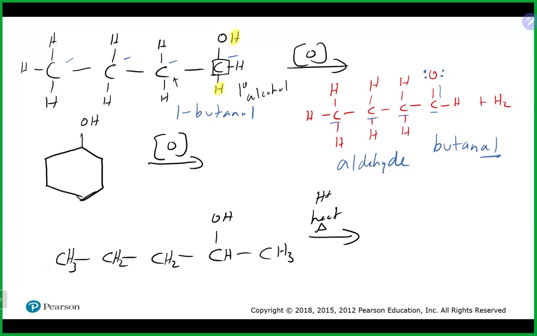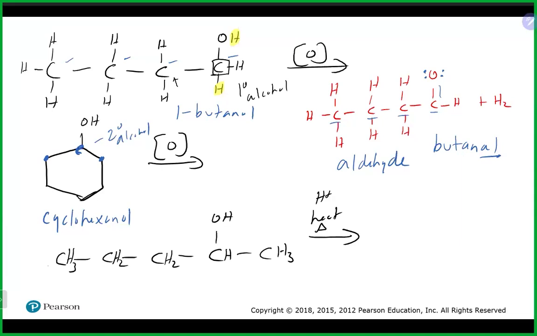This alcohol here, which is a cyclohexanol, right, as it is there. This is a secondary alcohol, right? It is a secondary alcohol because that is the carbon that's attached to the OH group, and it is attached to 2 other carbons, so that makes it a secondary alcohol. Doesn't really matter. We're going to do our removal of our hydrogens.